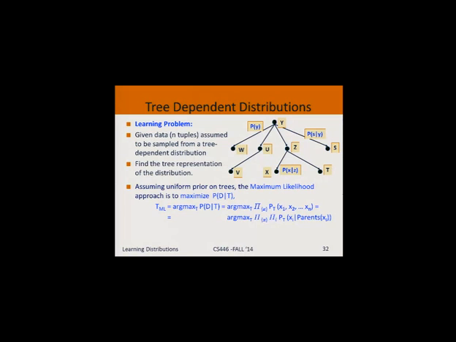This product is just over all data points. This product is over all variables in a given tree. And if you try this for naive Bayes, you see that what we've learned for naive Bayes was the most likely tree under the naive Bayes assumption. It's just a simple tree, right? Naive Bayes is just a simple tree where I cut this level off.